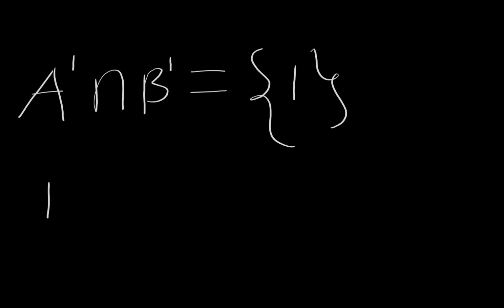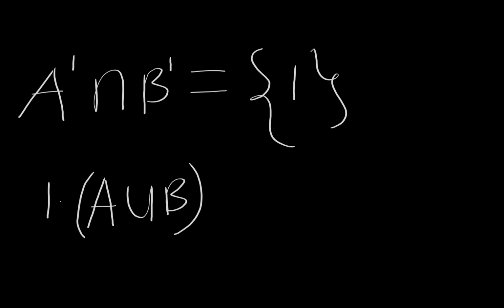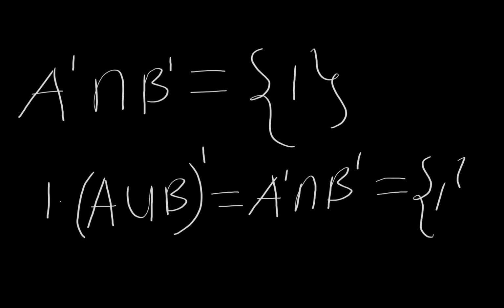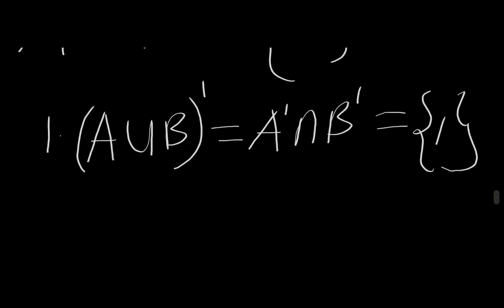Hence, the first law, that is the De Morgan's law of union, which is (A union B) all prime is equal to A prime intersection B prime, which is equal to 1. So we are able to show that law.